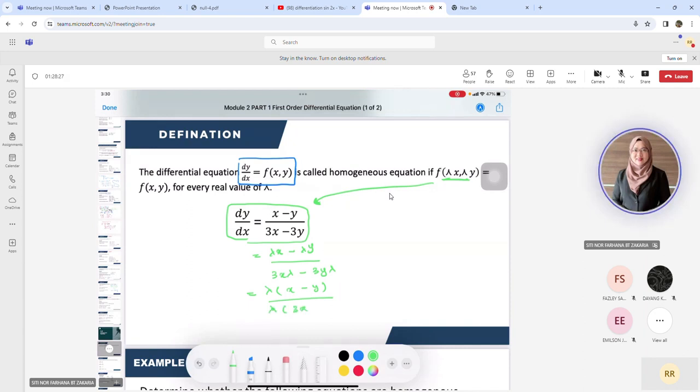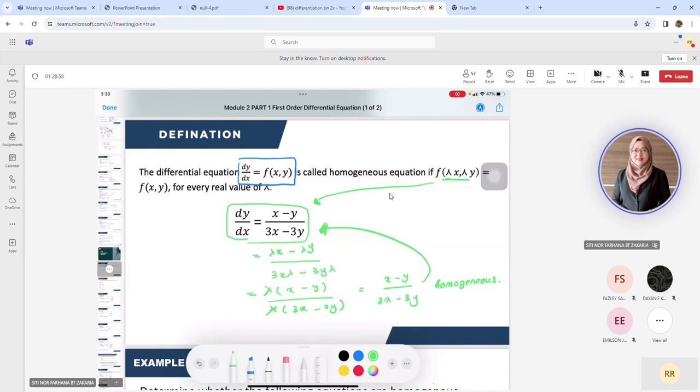So it becomes 3x minus 3y. So this one can cancel each other. So lambda will disappear. What remains is (x minus y) over (3x minus 3y). Same as the original, right? So when it is the same, we call this a homogeneous equation. So when it is a homogeneous equation, then we can use the homogeneous method to find its solution. Okay? Clear or not?